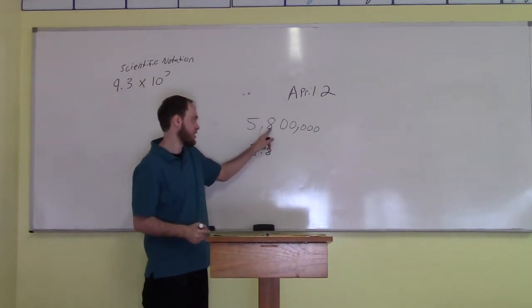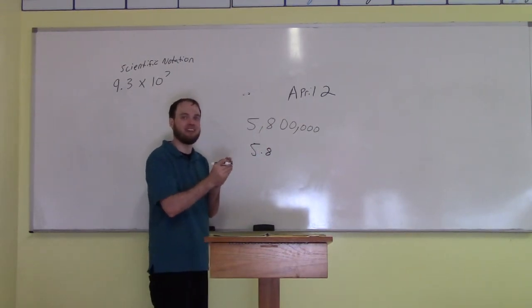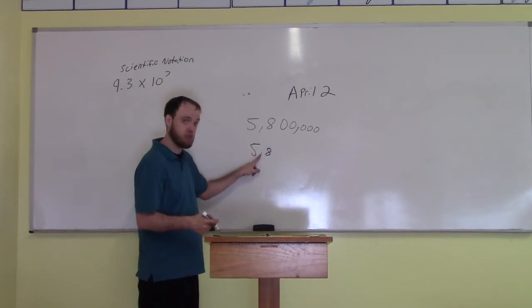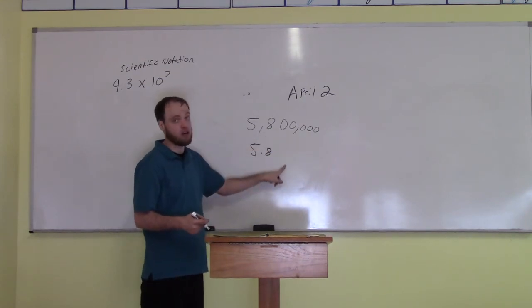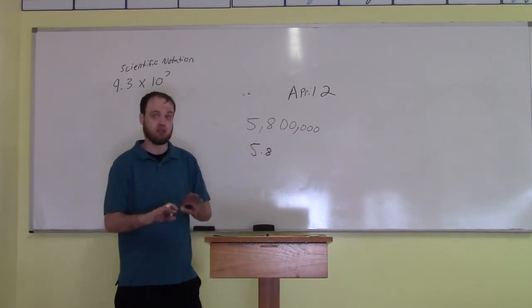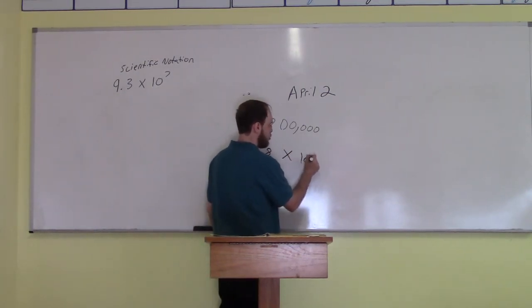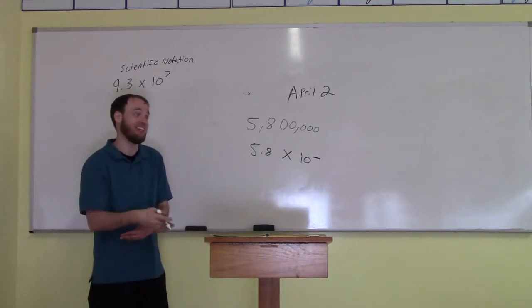Then we just keep writing down what we see until we get to a 0. I saw the 5, the decimal comes in between, then I saw the 8, and then I saw the 0, so I'm not going to write that because once you get to 0, you stop. So it's 5.8 times 10 to some power, and I have to figure out what that power would be, which is what we just did a minute ago.